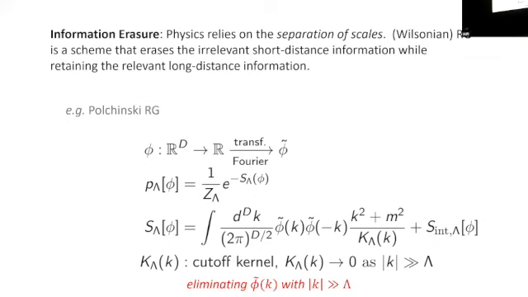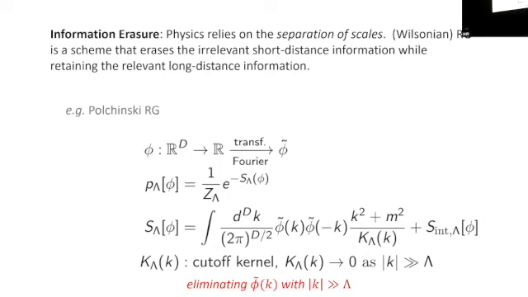So effectively it just kills the high energy degrees of freedom. This is what it does. So in field theory, we're also eliminating the high energy modes that are higher than the cutoff energy scale, which sets the scale that you care about.